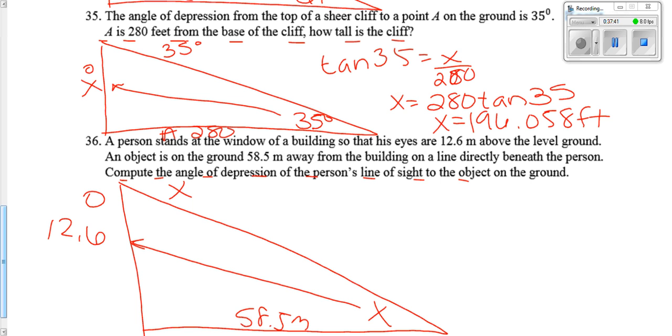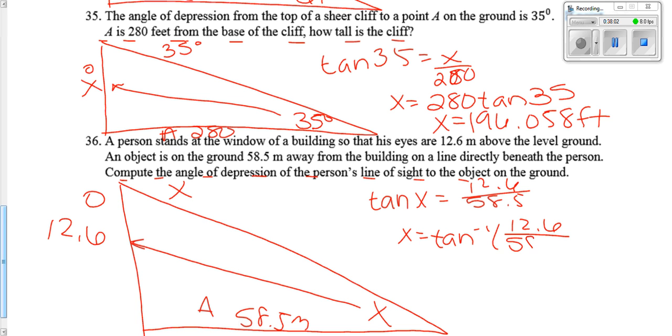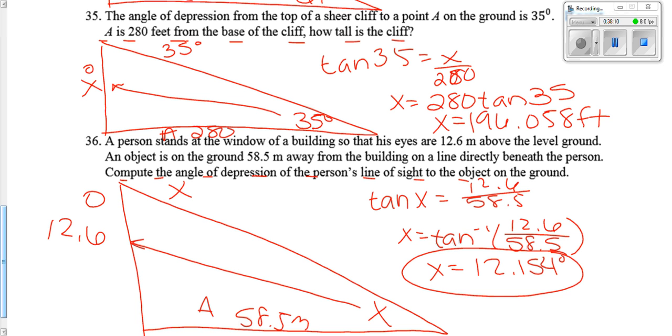So 12.6 is our opposite. 58.5 is our adjacent. So tangent of x equals 12.6 over 58.5. So x equals the tangent inverse of 12.6 over 58.5. So x equals 12.154 degrees.